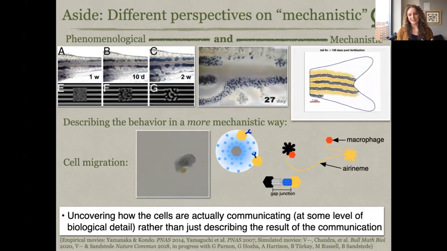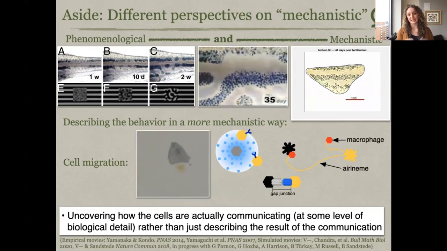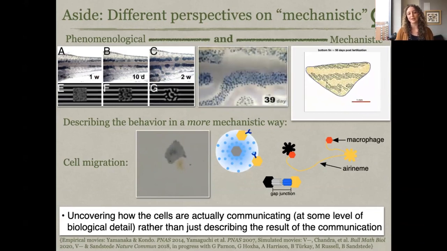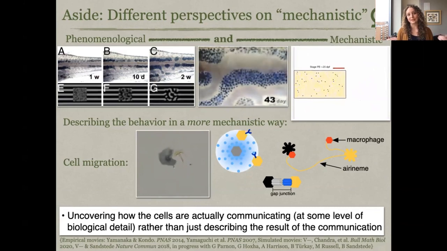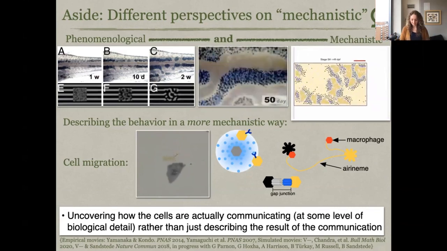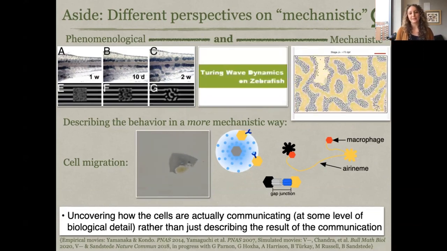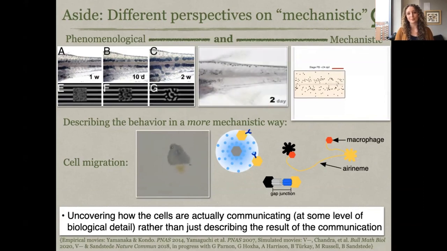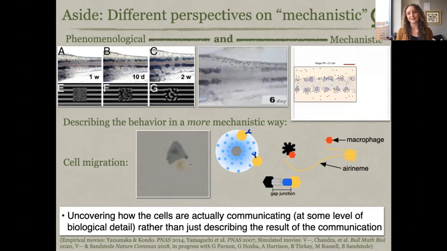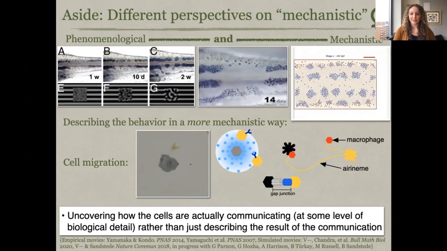So in some sense, what I thought was a mechanistic model was still a kind of black box phenomenological model as soon as you go to the next level of detail. I think this is an important thing to keep in mind across these systems: what the vocabulary means depends on the perspective that you're taking, and you can always build more detail into your application.